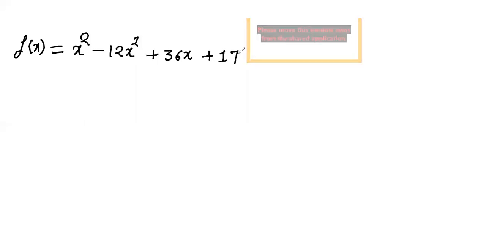Okay. So next is f of x equal to x cube minus 12x square plus 36x plus 17.